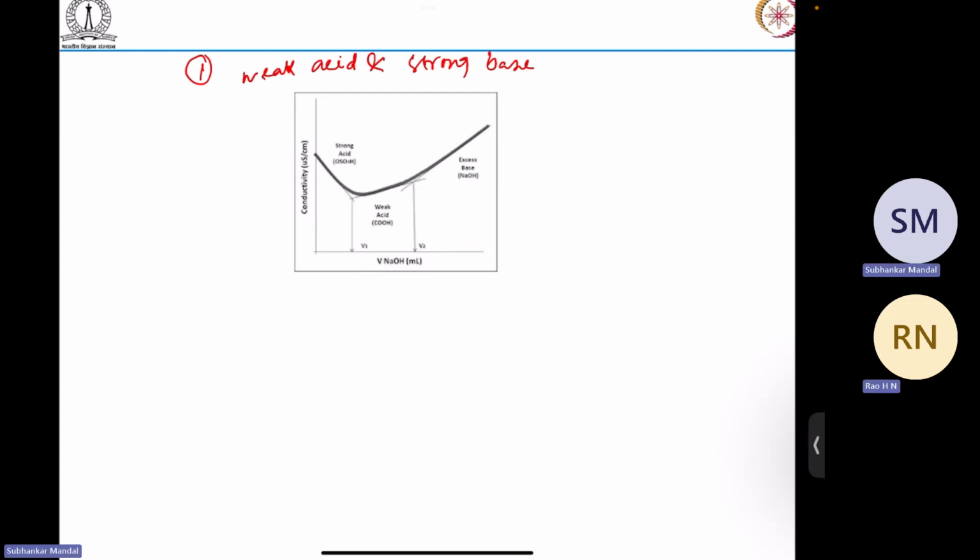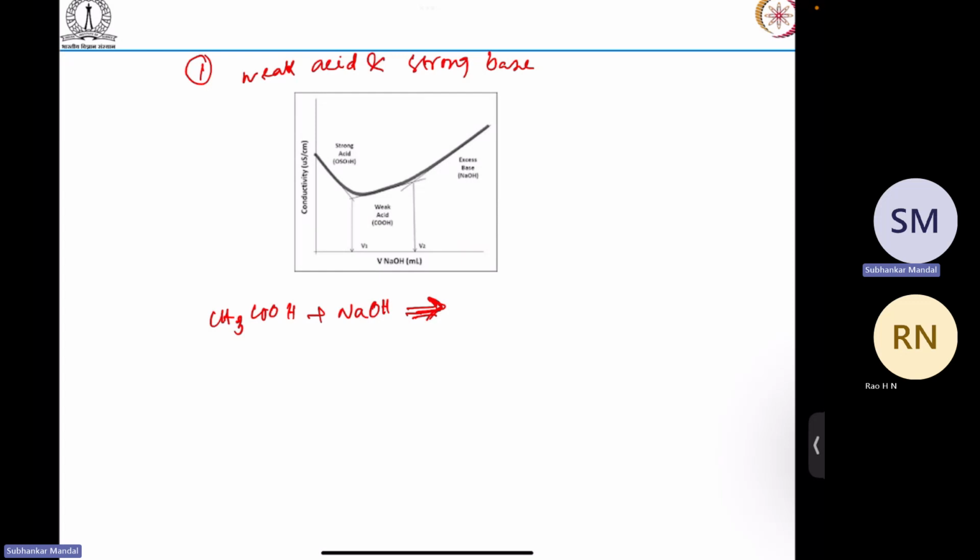Sir, this is an example for a mixture of a strong acid against a strong base. Yeah, that also gives this kind of behavior, but this is a weak acid. Suppose CH3COOH plus strong acid and strong base, this is that example.